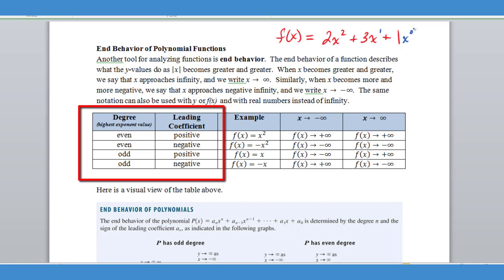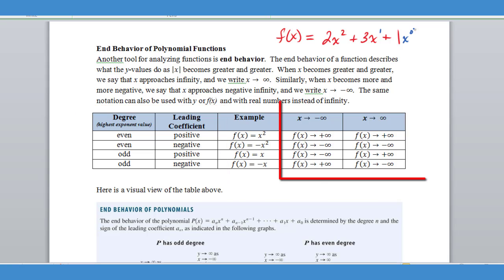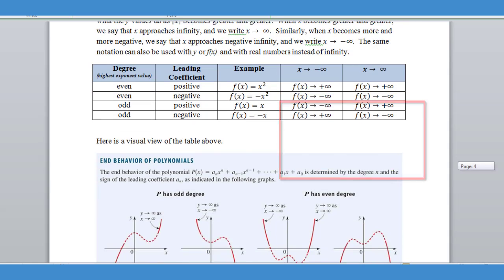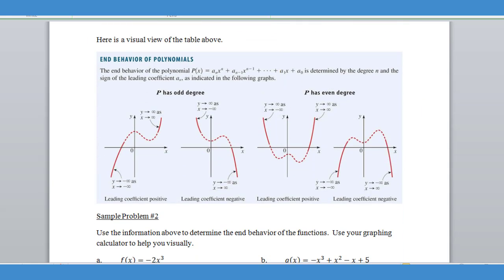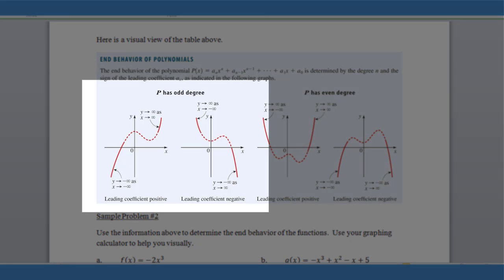So what we want to do is identify what the behavior of the graph is as it approaches positive infinity or negative infinity along the x-axis, and that's what the final 2 columns are telling us. Now if you want to look at this in a visual sense, we can look at it here. On the left hand side, if the degree is an odd powered number, there's a general trend to what's happening with the end behavior.